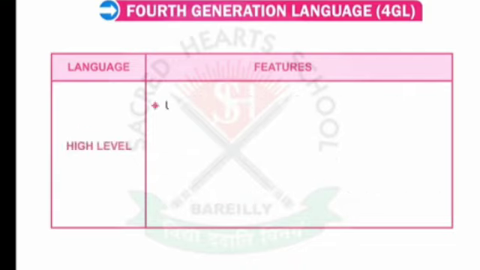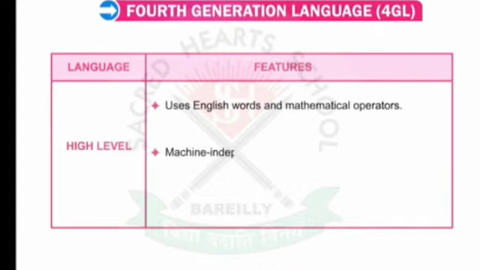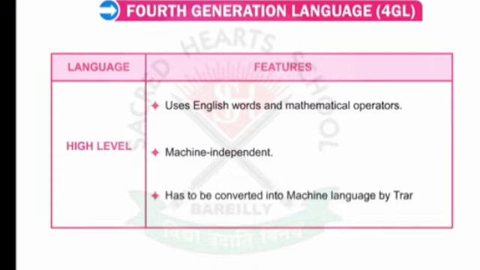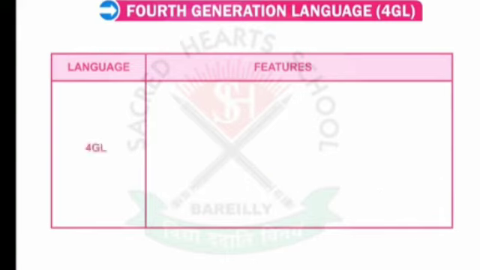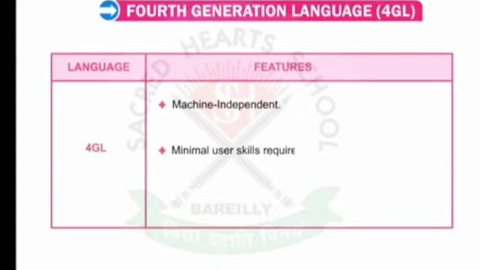High level language uses English words and mathematical operators. It is machine independent and has to be converted into machine language by translator programs, interpreters and compilers. 4GL is machine independent, and minimal user skills are required to obtain results. It is an application development tool.